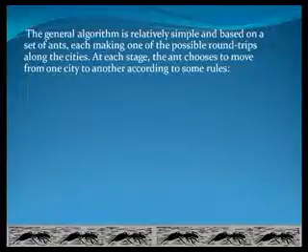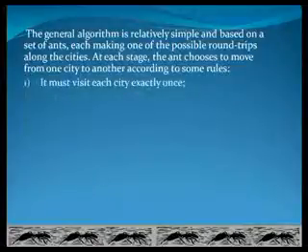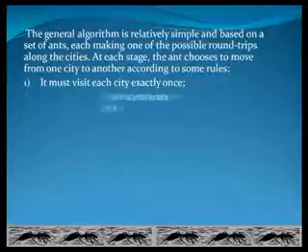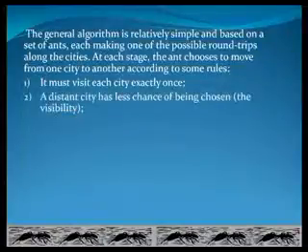The general algorithm is relatively simple and based on a set of ants, each making one of the possible round trips along the cities. At each stage, the ant chooses to move from one city to another according to some rules. It must visit each city exactly once. A distant city has less chance of being chosen.